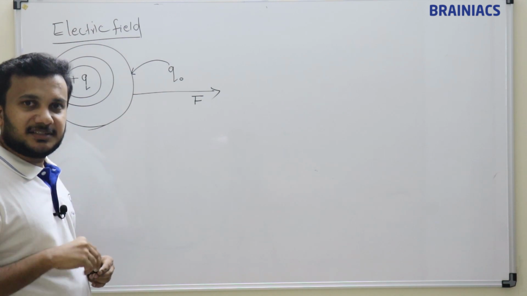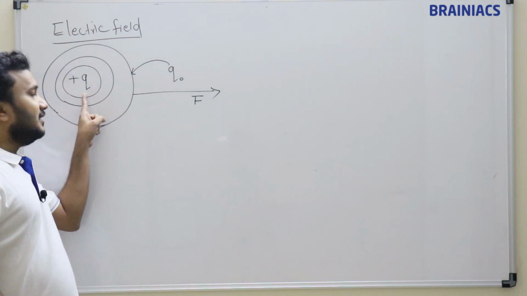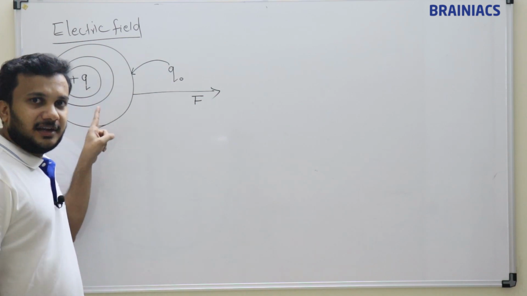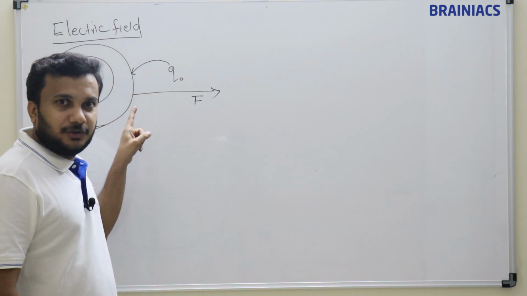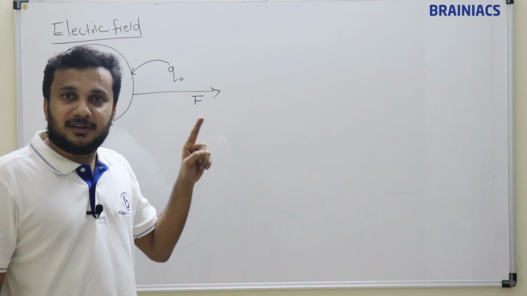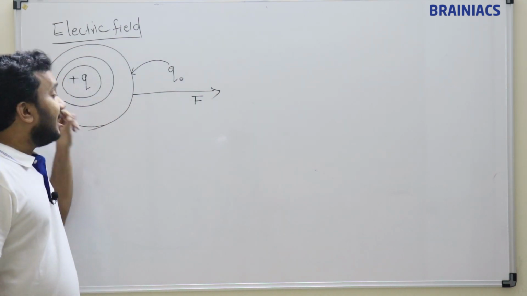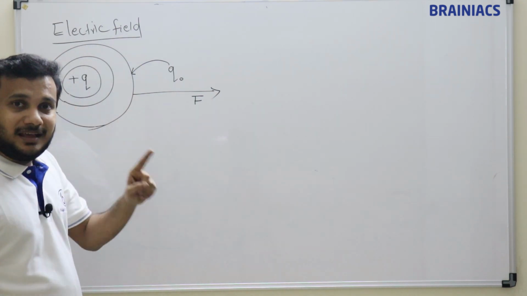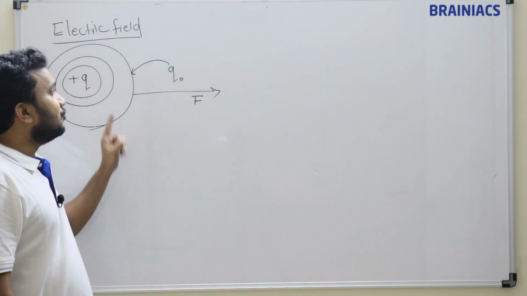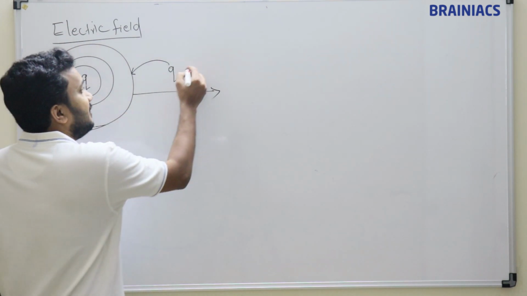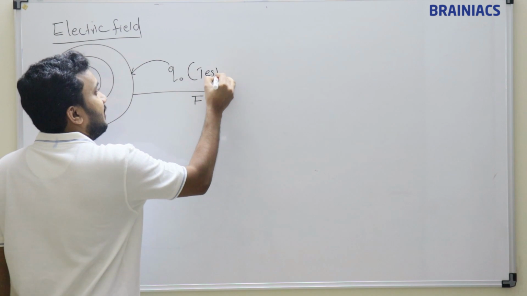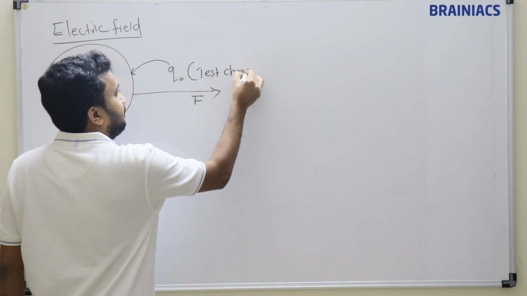So field is an area where this charge, which I am going to call the source charge, experiences a force on another charge, which I am naming the test charge.